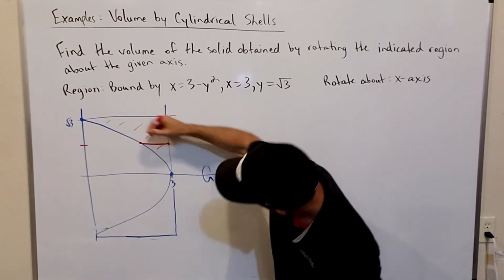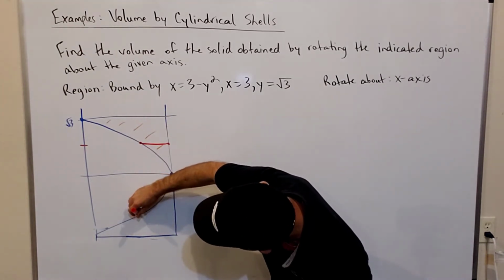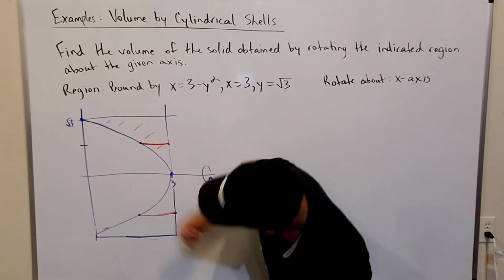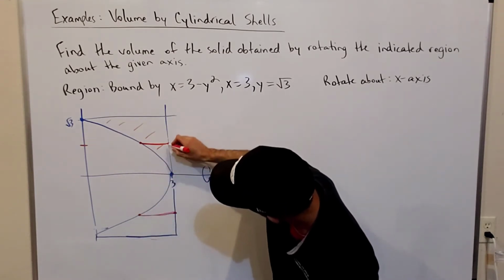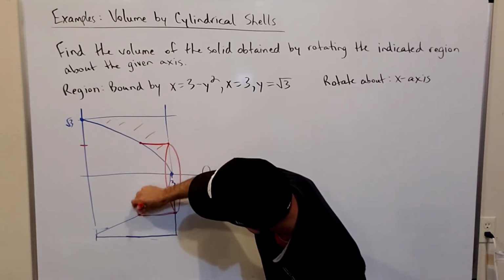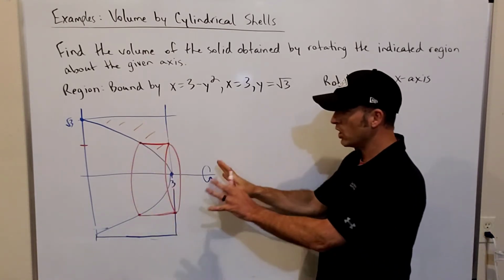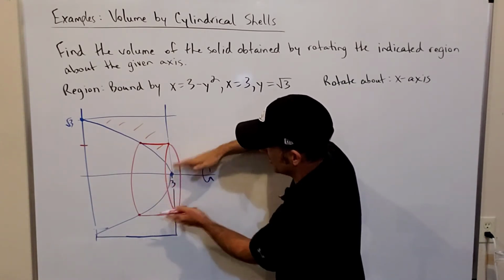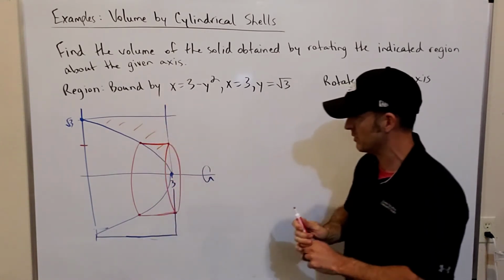Then I draw a mirror image of that down here to get the other corresponding wall of my shell, and then I can draw my cylindrical shell like this. So there's one shell that we could use. We would nest them inside each other horizontally to get the solid that we see here.